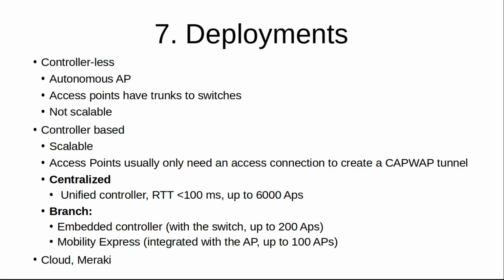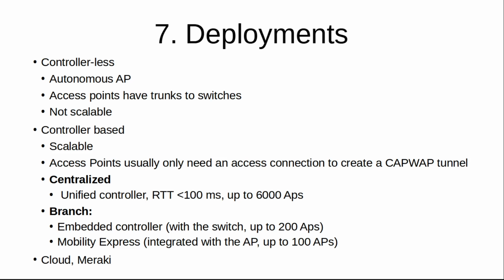And you can choose several deployment types: controllerless, where your access point will be in autonomous mode, or you can choose to use controllers. In case you choose a centralized solution, you will have a wireless LAN controller that lives in a specific box that can handle up to 6,000 access points.